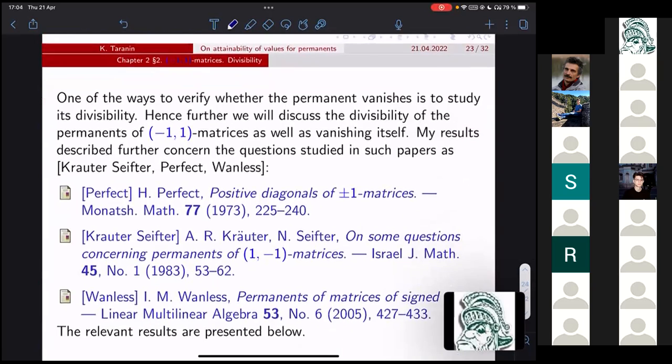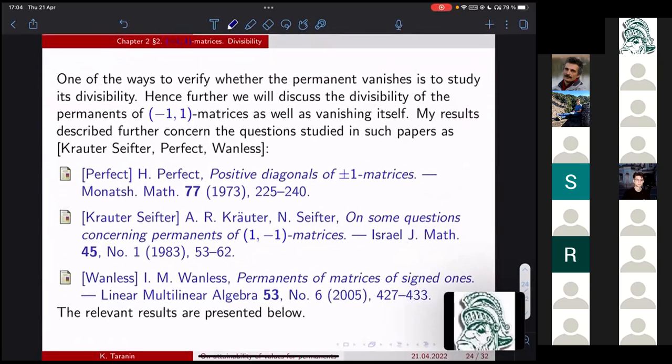Now, how can one check that the permanent vanishes, that it is equal to 0, for an integer valued matrix? One of the ways is to try to divide this permanent by something.